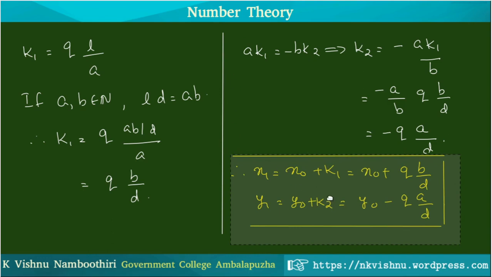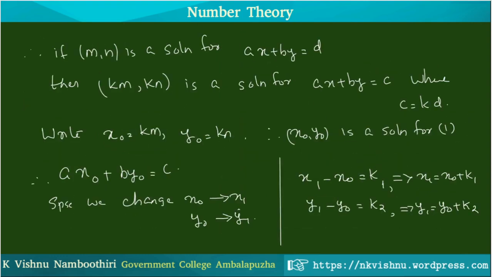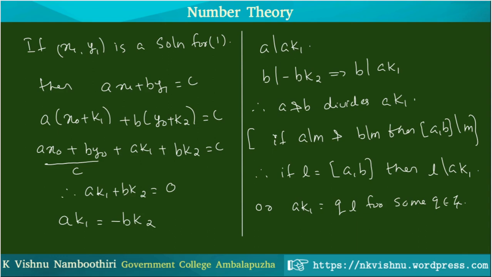If at all we have a solution, it looks like this. Let us color it. So another solution will definitely look like this. Now the question is, here we have assumed that x1, y1 is a solution, and then we tried to find one q, for some q belonging to z.